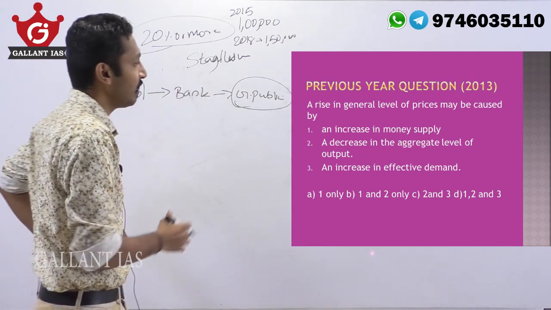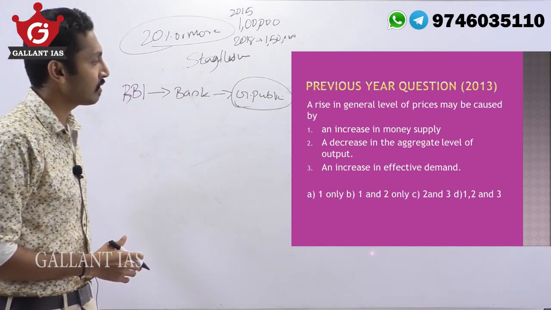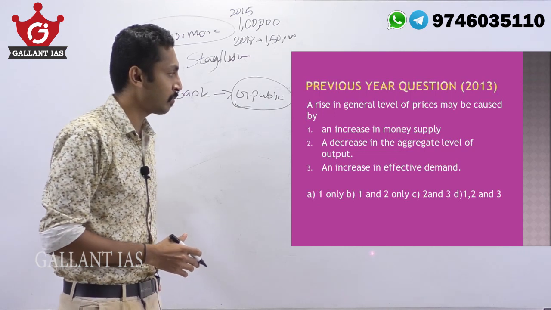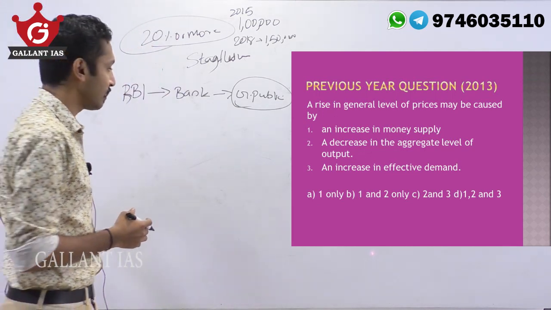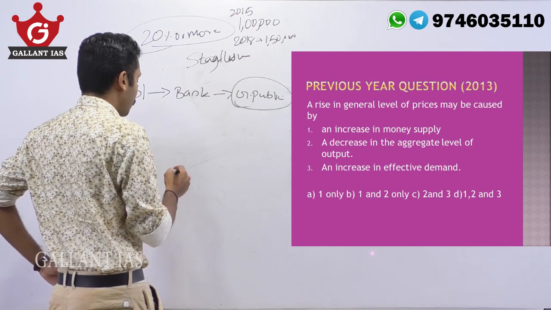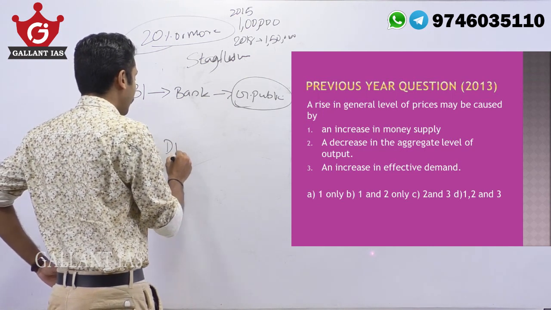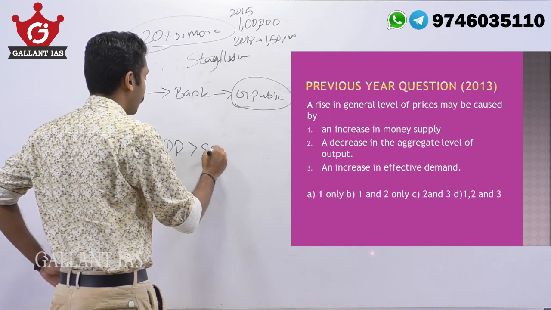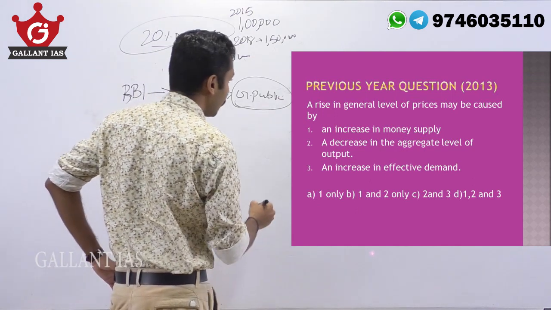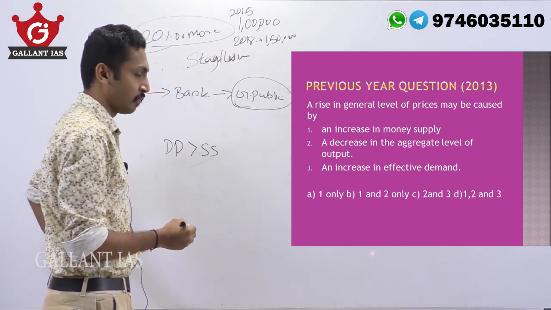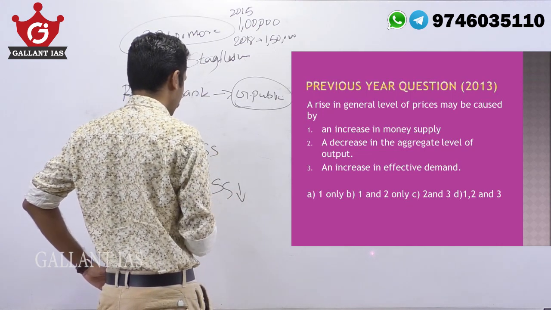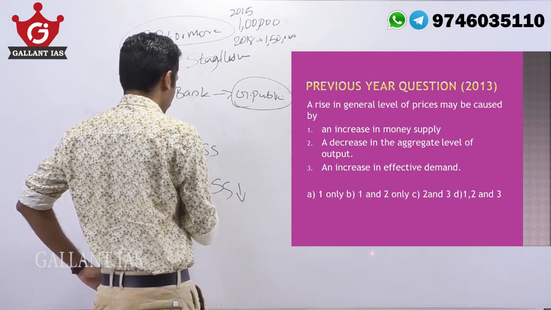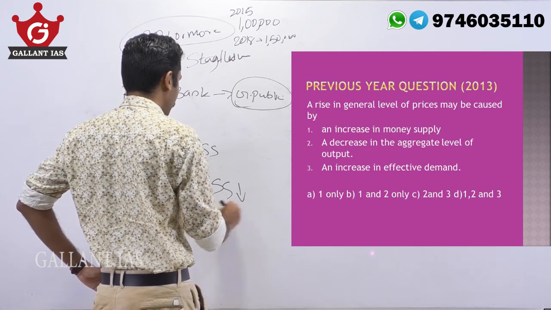So the first statement is a cause for rise in general price level. So the first statement is correct. A decrease in the aggregate level of output. Like I said, what is the main reason for inflation? Excessive demand over supply. When output level decreases, it means supply decreases, which means excessive demand over supply.